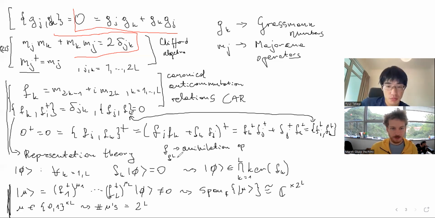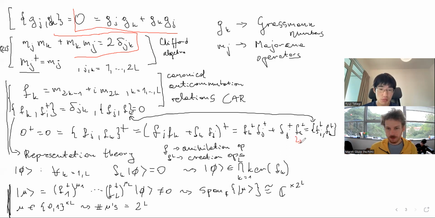And F dagger is creation operators. And we see that we are implementing the Pauli principle, because if I evaluate this for j equals k, it's telling me that 2 times fj dagger squared is 0.